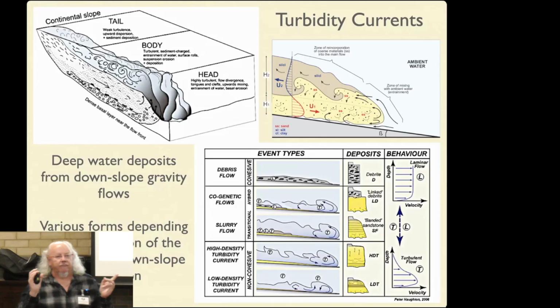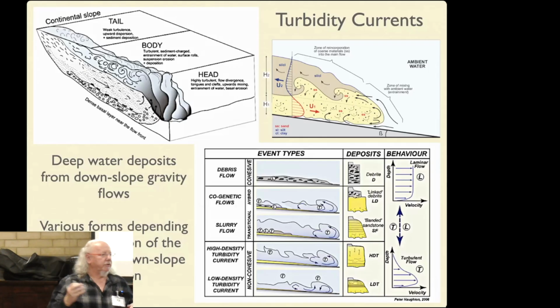But you can also get the same thing if you've got a big storm on a continental margin. Then you can stir up an awful lot of sediment into the column, and that can go off the edge and produce its own flows.